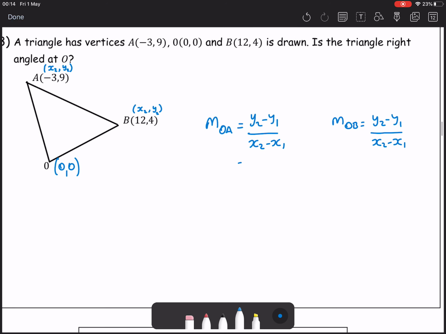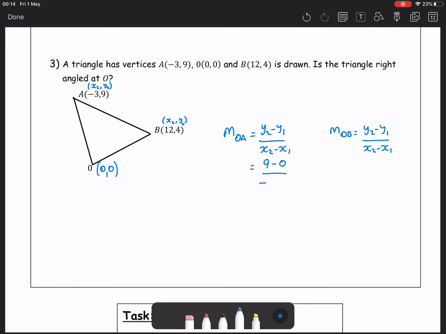So OA, I have 9 minus 0 over minus 3 minus 0. So 9 over minus 3 gives me a gradient of minus 3. Again, double check that, a sloping line going down from left to right. So happy with the negative gradient.